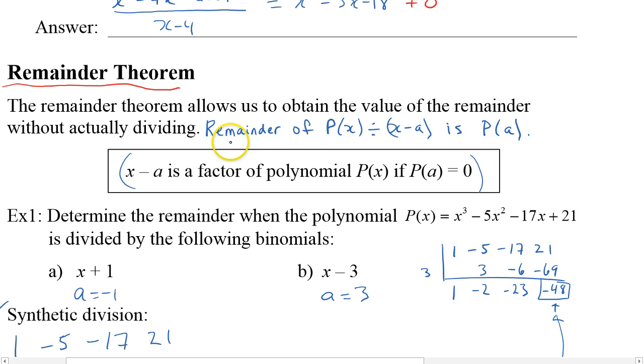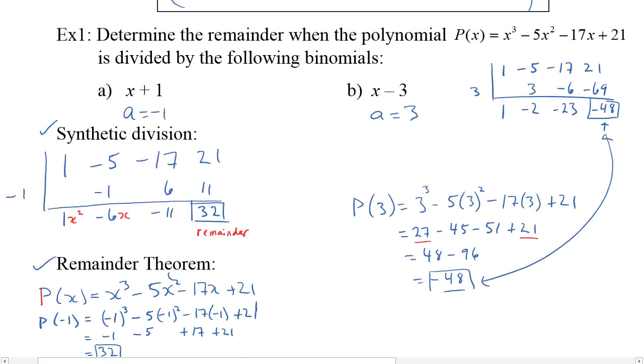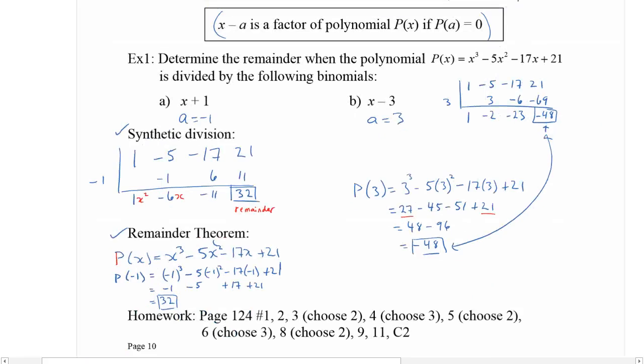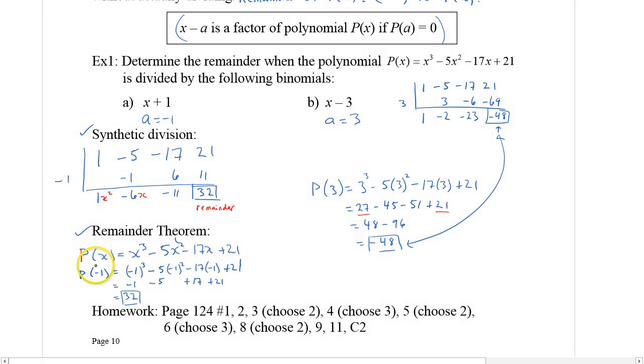It was really that the remainder of a polynomial p of x when it's divided by x minus a is equal to p of a, which sounds like a mouthful, but if you recall in our first example, if you've got p of x equal to this long polynomial and you want to know what the remainder is when you divide by x plus 1, you just plug in a -1 and you find out that the answer is 32, and that's the same thing as the remainder. So that's what we did yesterday.